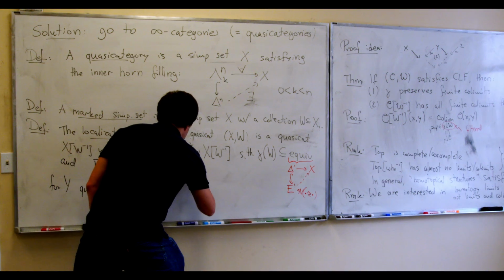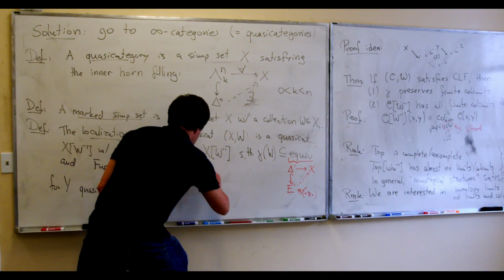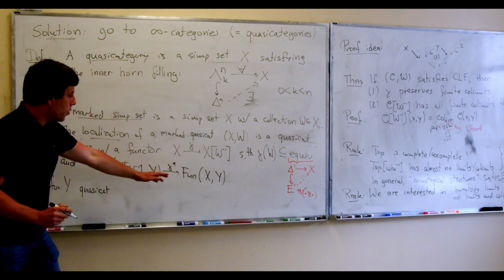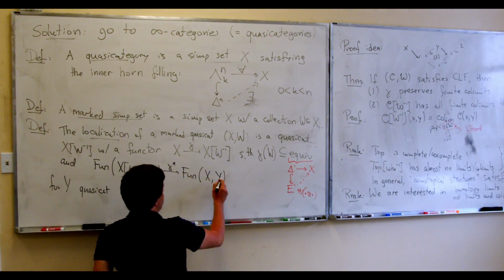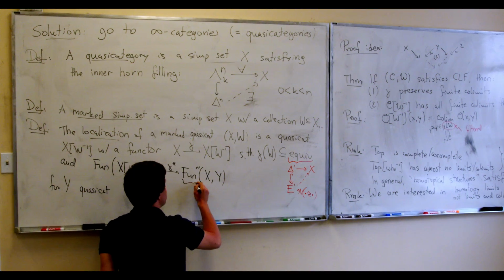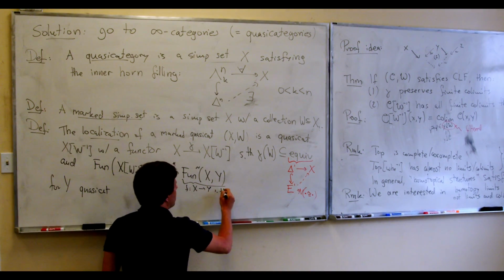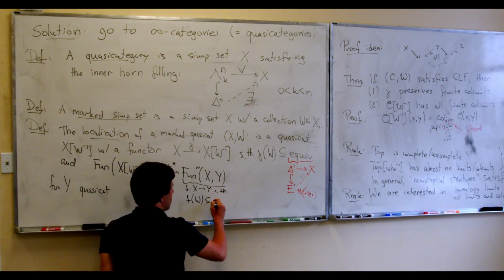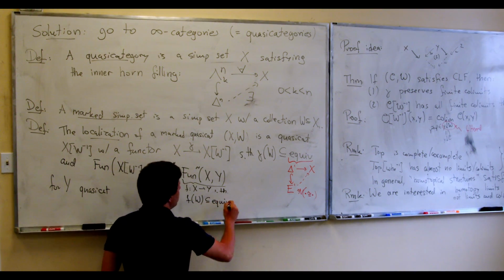So we're going to go to functors from X to Y. And again, I'm not going to take all simplicial maps from X to Y. I'm going to take those maps f from X to Y such that f of anything in W lands in equivalences of Y.